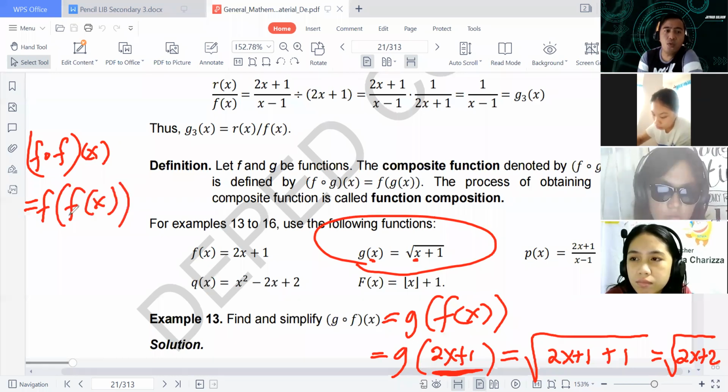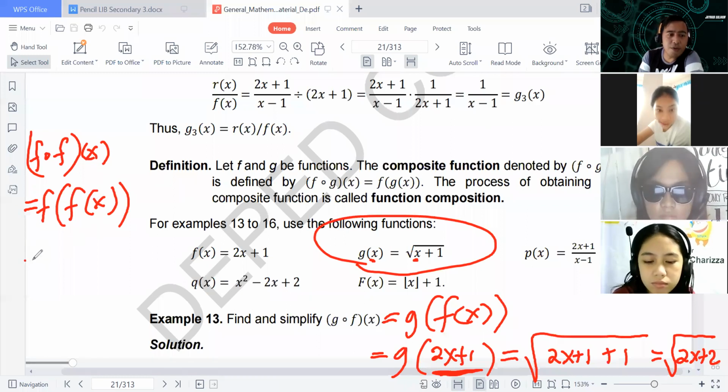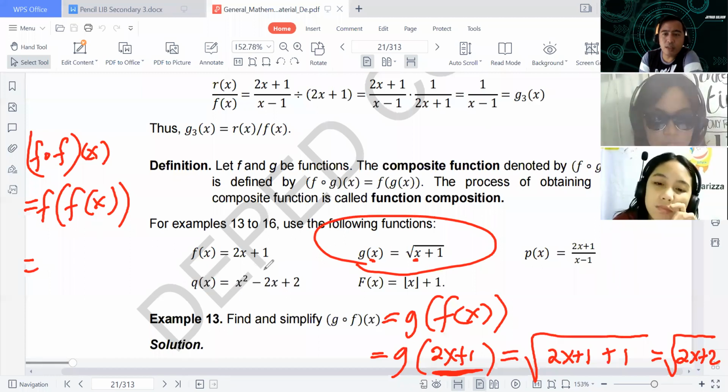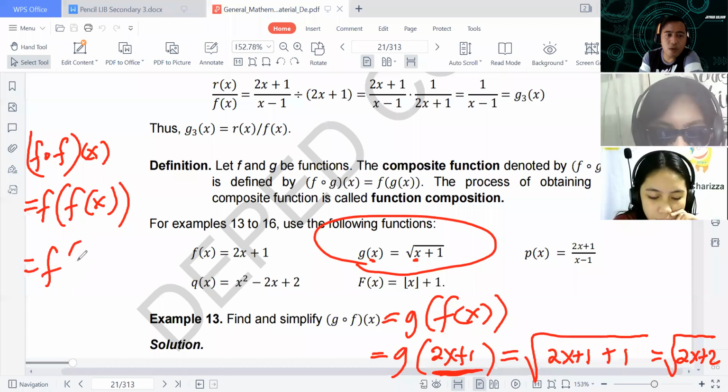Again, the two functions involved here are the same, the f and f. Only f, used twice. So, your function f is defined by this, so you can replace it by 2x plus 1. So, it will be f of 2x plus 1.